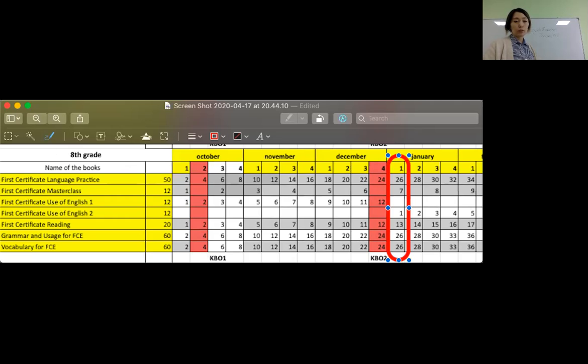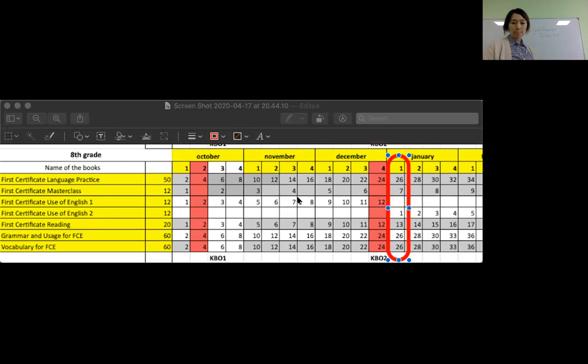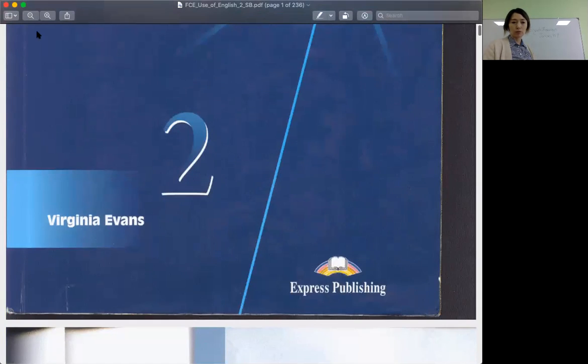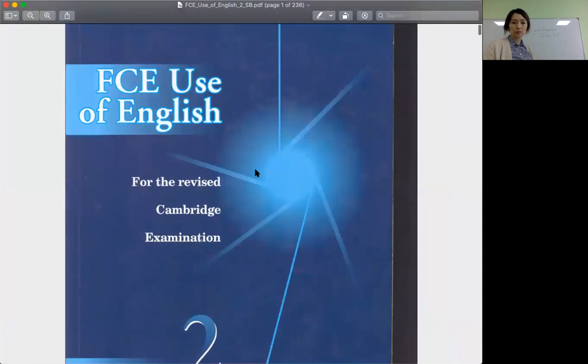First certificate, use of English. Let's open. What's it about? This is how it looks like. FCE, use of English 2, Virginia Evans.